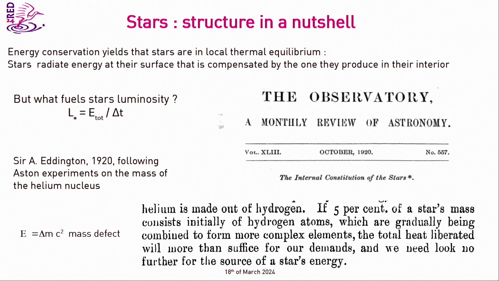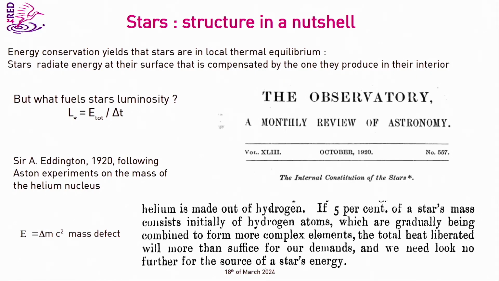"If 5% of a star's mass consists initially of hydrogen atoms, which are gradually being combined to form more complex elements, the total heat liberated will more than suffice for our demands, and we need to look no further for the source of a star's energy." So we had to wait until 1920, and Einstein's equation was published in 1905. So you see that there are some years before it percolates to stellar astrophysics.